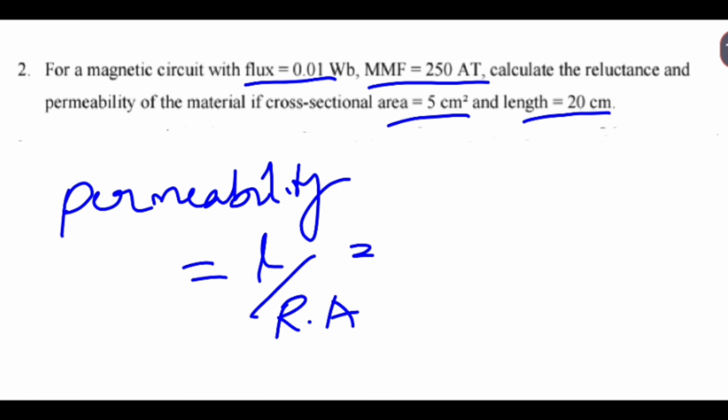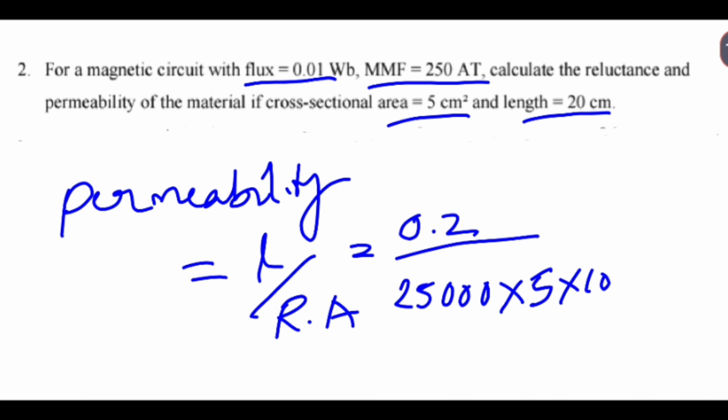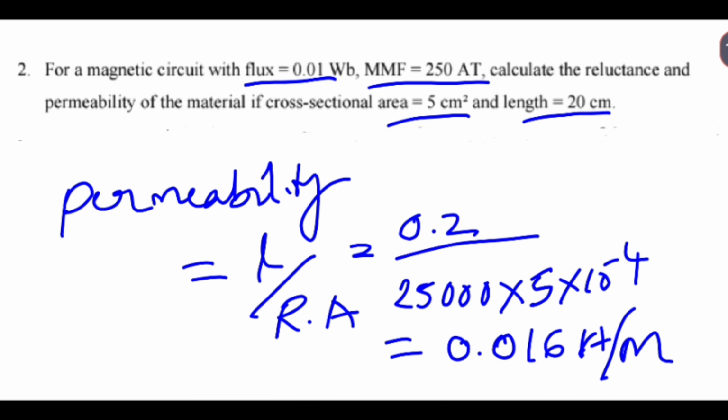L is given as 0.2, reluctance we have calculated as 25,000, and area is 5 into 10 raised to minus 4. The final answer you will get is 0.016 H per m for this question.